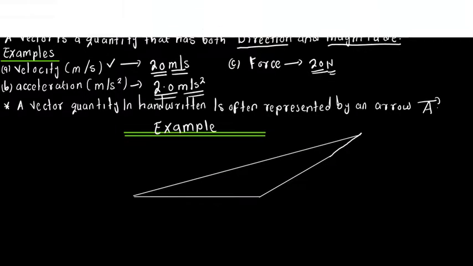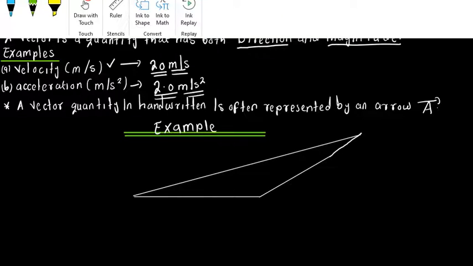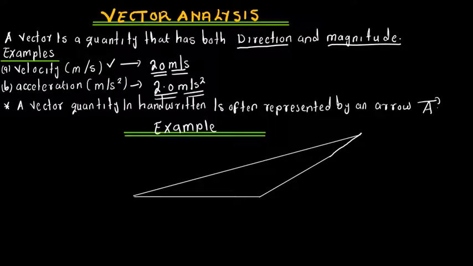All right. Let's proceed. Now look at this. A vector quantity in handwritten form can be represented by a letter containing an arrow, like this.